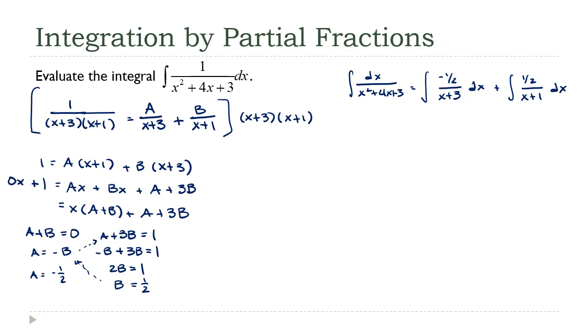If we pull these 1/2s out, this is negative 1/2 integral dx over (x plus 3) plus 1/2 integral dx over (x plus 1). And like I said at the beginning, these integrals aren't particularly complicated. This is negative 1/2 times the log of the absolute value of x plus 3 plus 1/2 times the log of the absolute value of x plus 1 plus a constant, and that's it. That's where I'll stop. That's my final result.